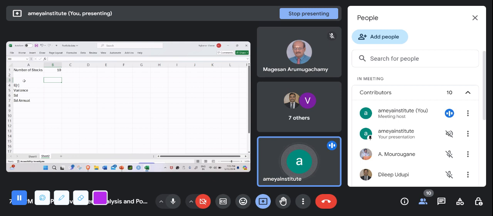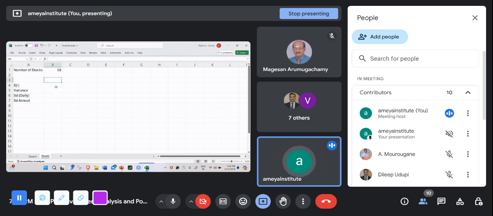So please write this down on the left side: ER expected return, variance, standard deviation. That is daily standard deviation. This is your daily, and this will become annual.